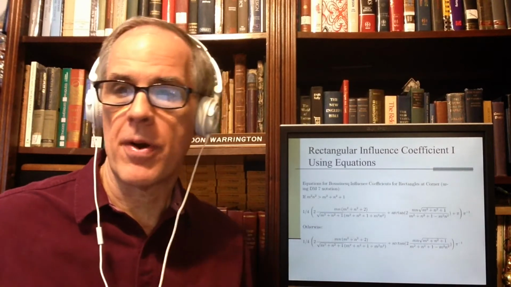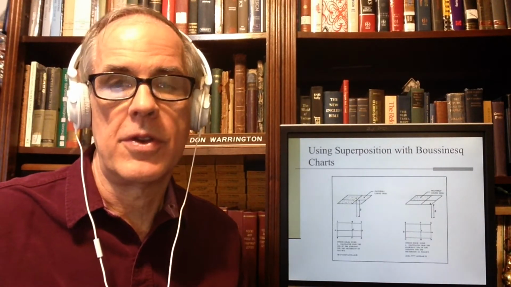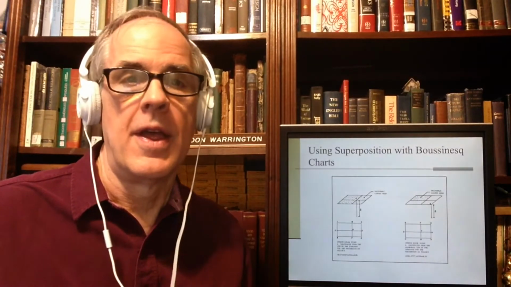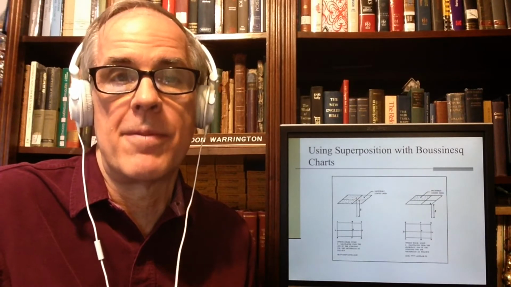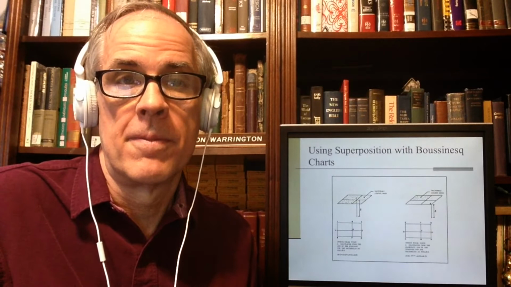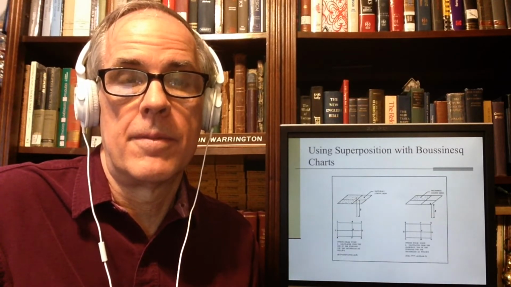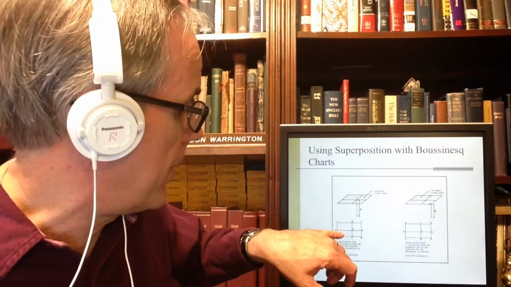One of the tricky parts about superposition is how to use it. The corner is an interesting point, but it's not necessarily the most interesting point. For example, the center is more interesting. And so the center, if I had 4, it's like this.